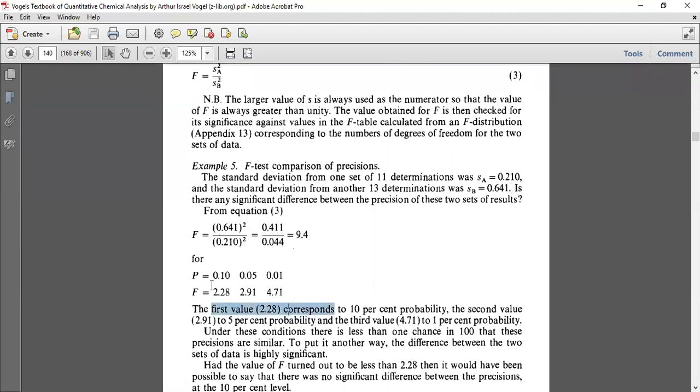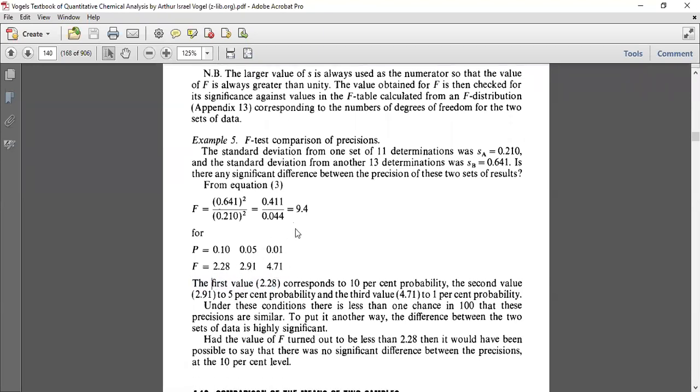And this is the table. This is a standard table. Probability at 0.10, 0.05 and 0.01: 2.28, 2.91 and 4.71. Again, you will check our result with this standard value. Then see in what way they have interpreted this.